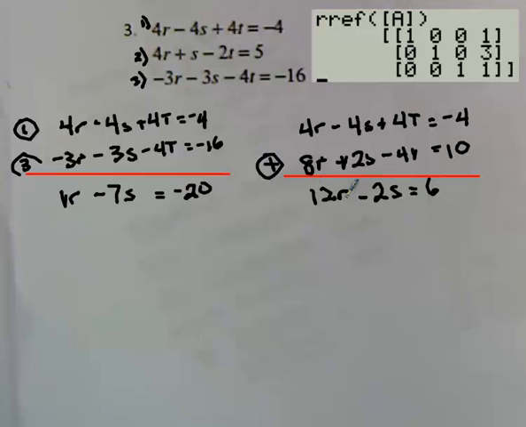So here I have now two equations, two unknowns. So we get a choice now. Do we want to get rid of s's or r's?